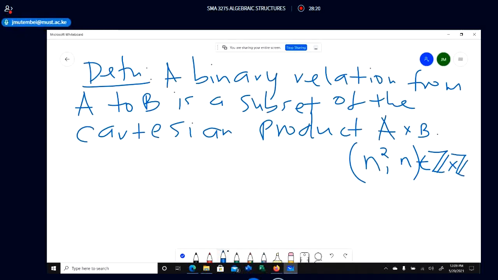So this is in agreement with what we have found from our example.